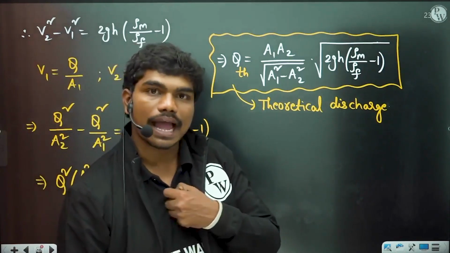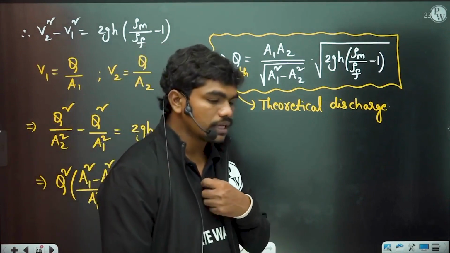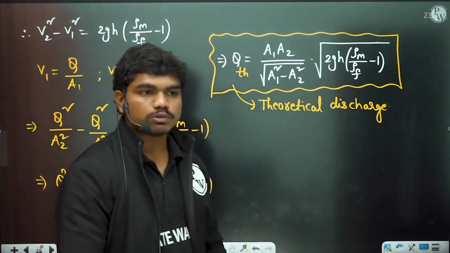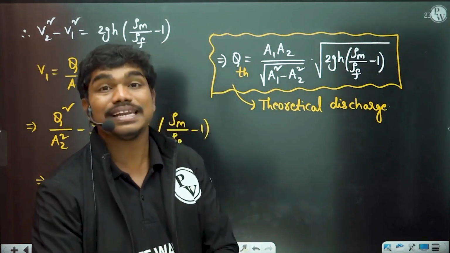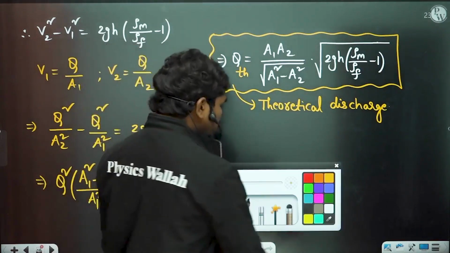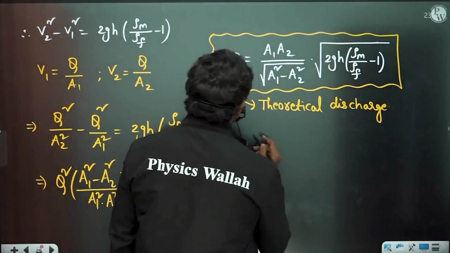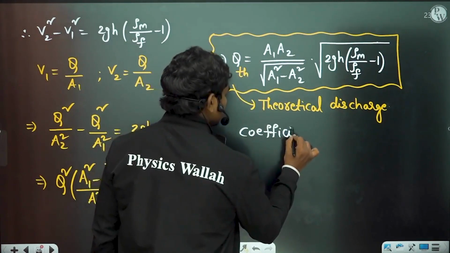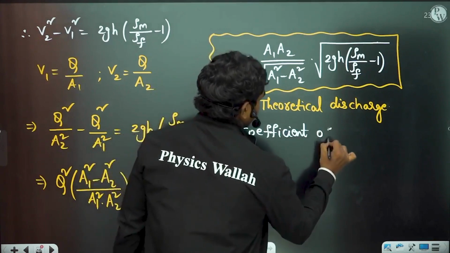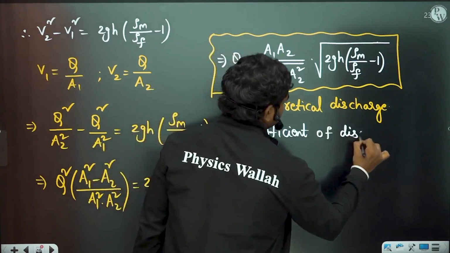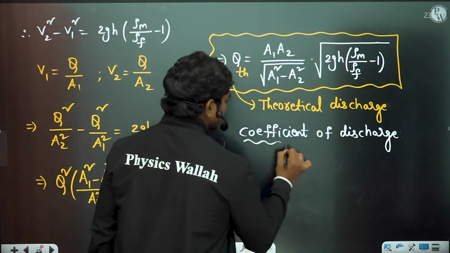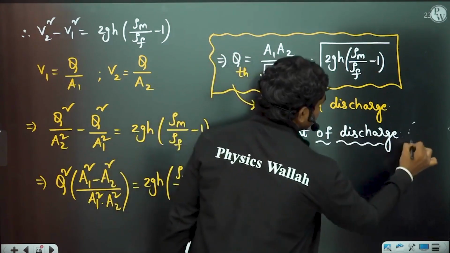But in actual case what happens? In actual case, because of the friction involvement and all, the discharge that you will actually get if you measure will be less. So therefore actual discharge is given by something called coefficient of discharge, which is generally denoted by CD in this case.